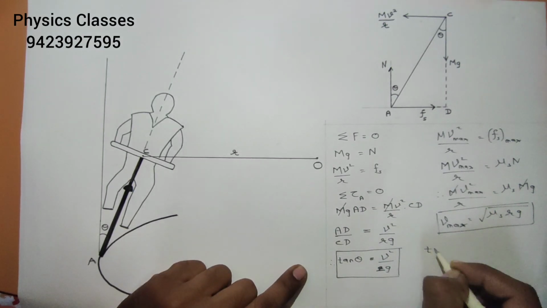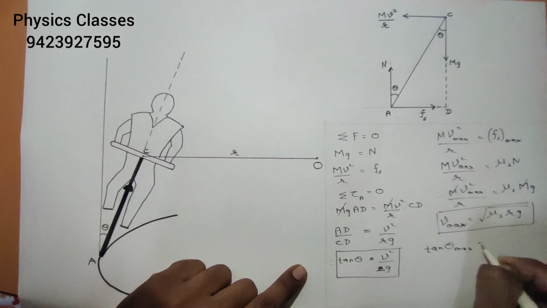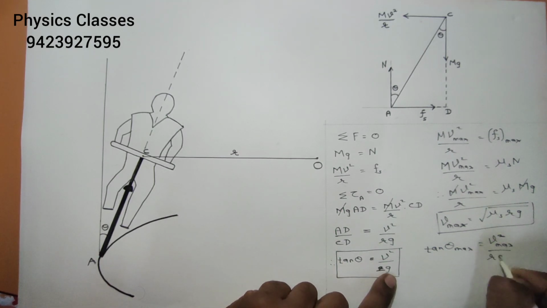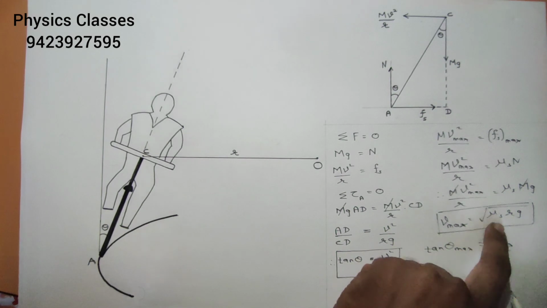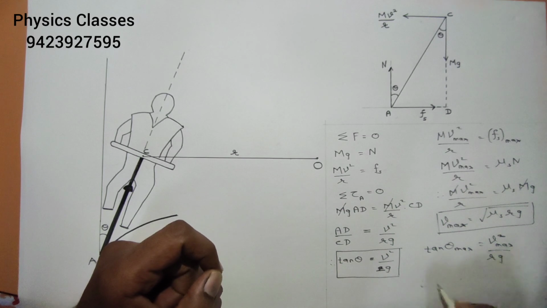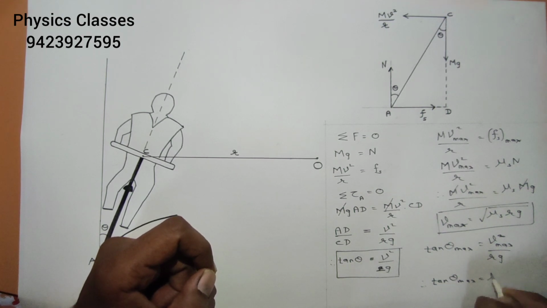So tan of theta max will be equal to v max square upon rg. And what is v max square? It is mu s into rg. So rg and rg will get cancelled. So therefore tan of theta max will be equal to simply mu s, that is the coefficient of static friction.